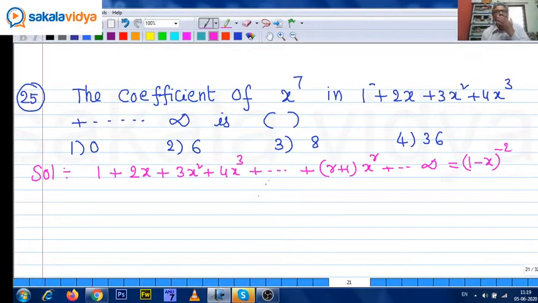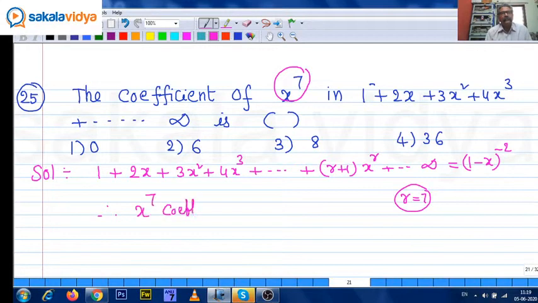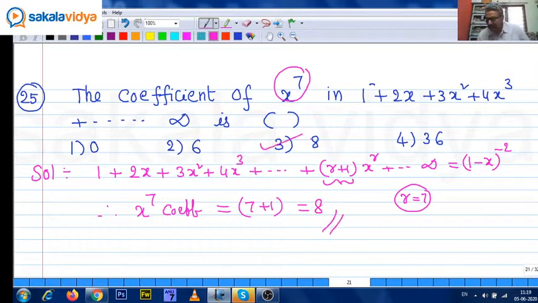Here we need the x to the power of 7 coefficient. That means r must be 7, so we take r plus 1, which is 7 plus 1 equal to 8. So the third option is the right option.